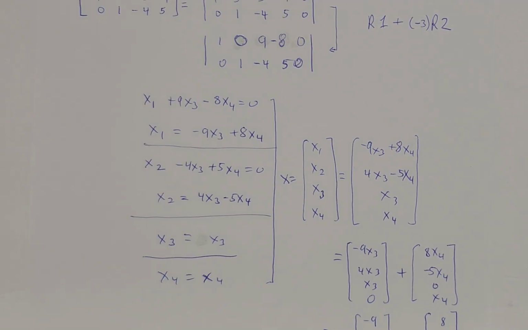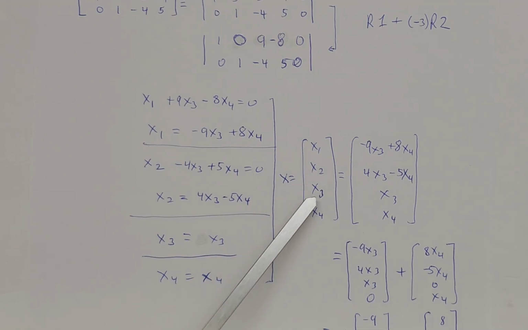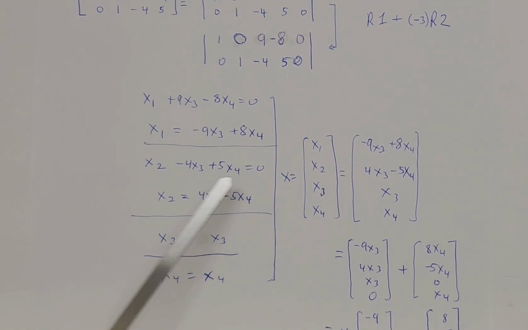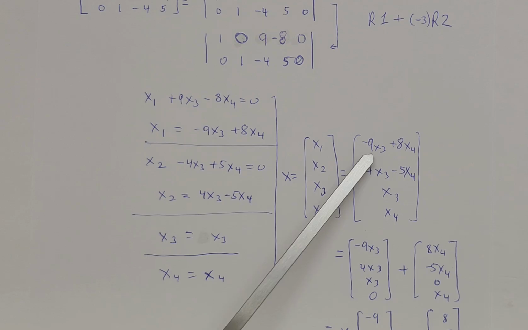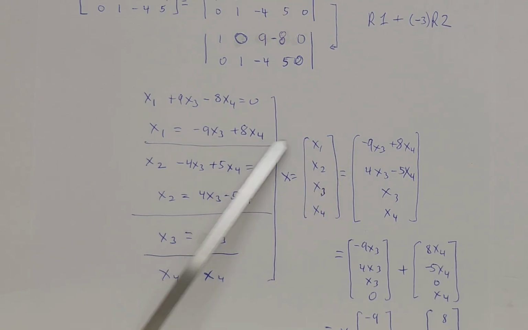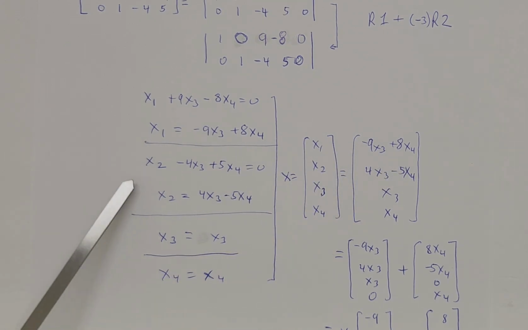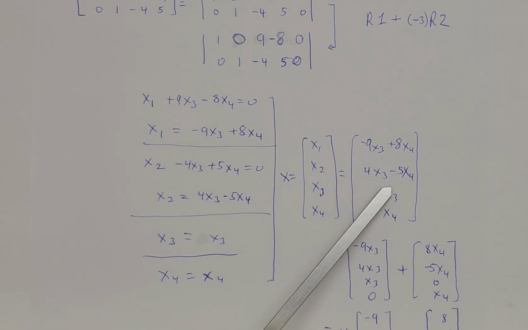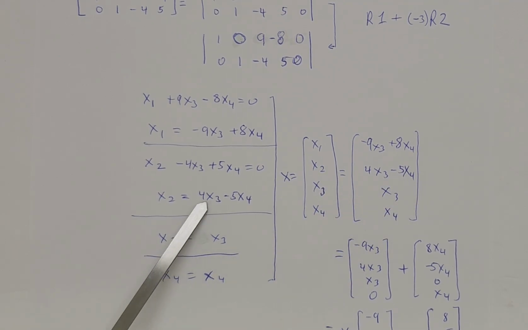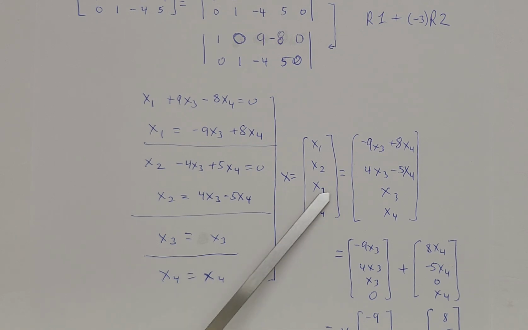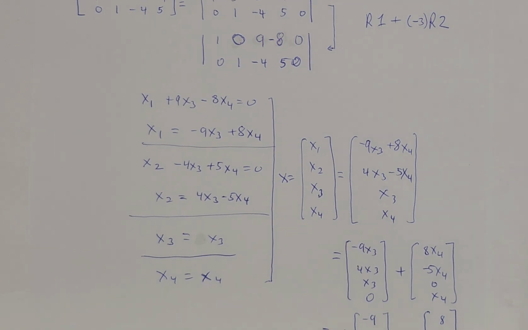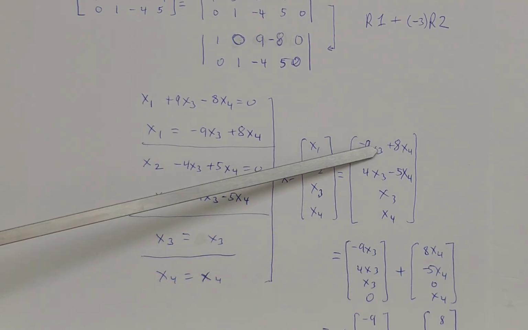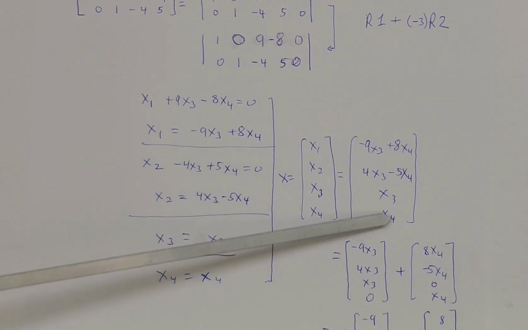Now write it in parametric form. x is equal to variable 1, variable 2, variable 3, variable 4, and we just write it out. For x1, -9x3 + 8x4. For x2, 4x3 - 5x4. And x3 and x4 are just free variables. After that, separate all the x3 and separate all the x4.